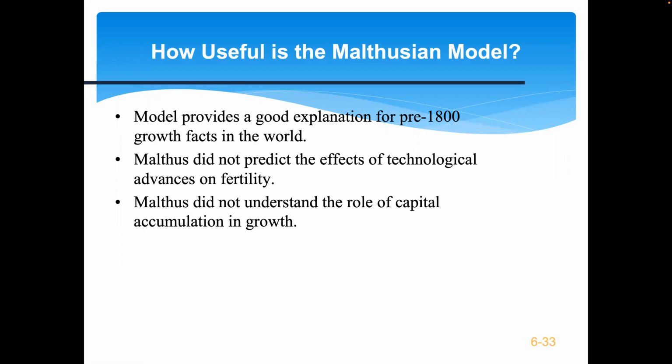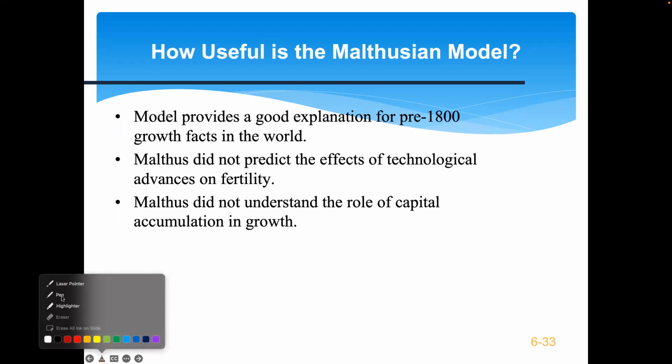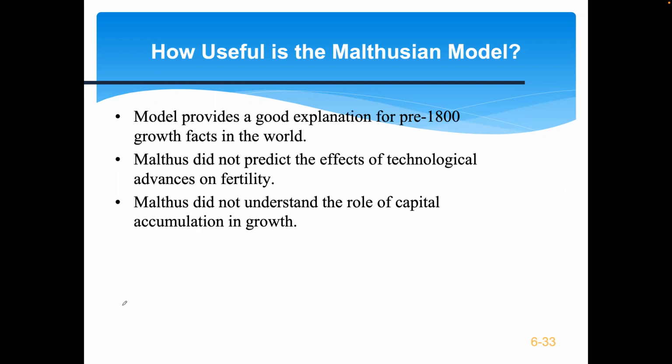So we are going to discuss the role of capital, and we are going to study a new growth model based on a different set of stylized facts. To summarize, the stylized facts we have seen focus on pre-1800. In the next lecture, we are going to look at roughly after 1900.